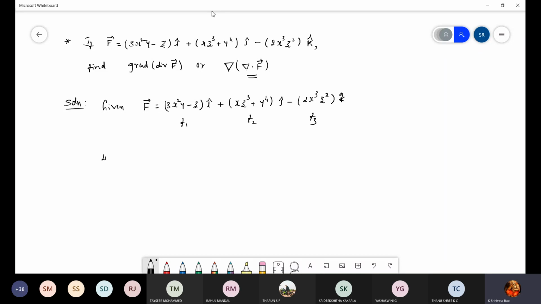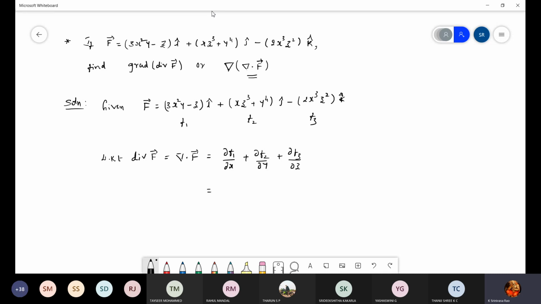Div f, according to the question, is del dot f. We know the formula: dou f1 by dou x plus dou f2 by dou y plus dou f3 by dou z. Since it is a dot product, i j k vanishes and you will get a scalar.